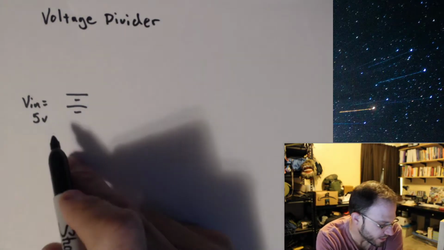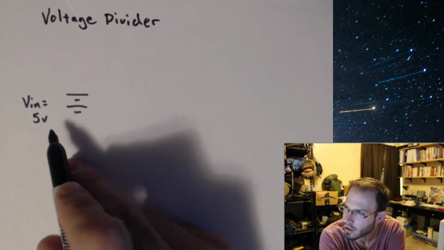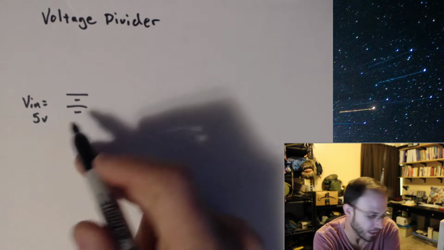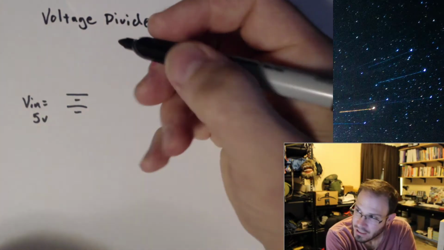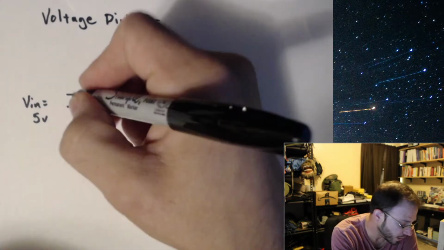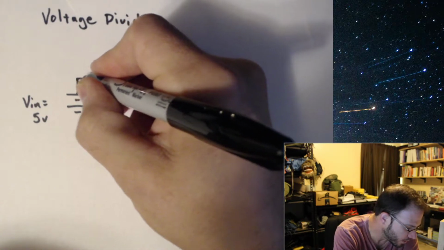So for that reason, for this example, I'm going to just call this V in, our voltage in. And then we're going to just have two resistors. It's really simple and straightforward.